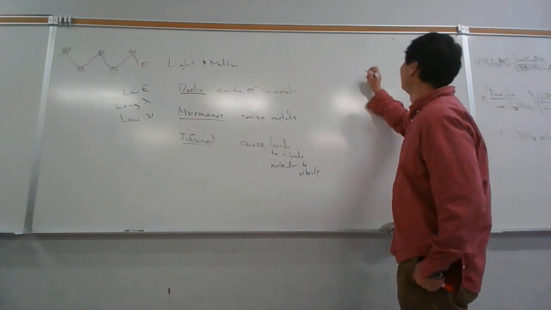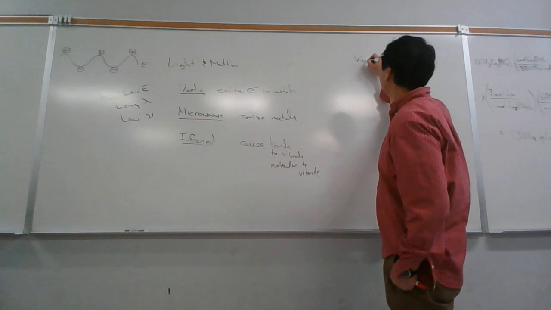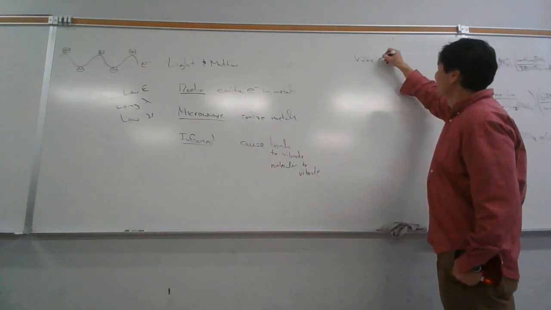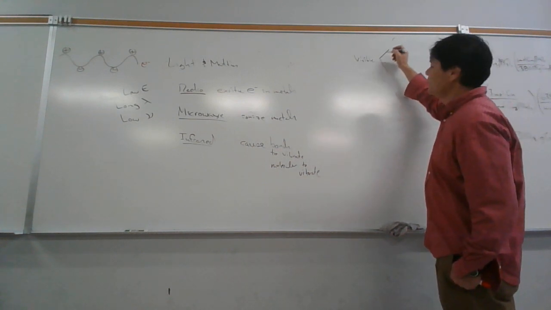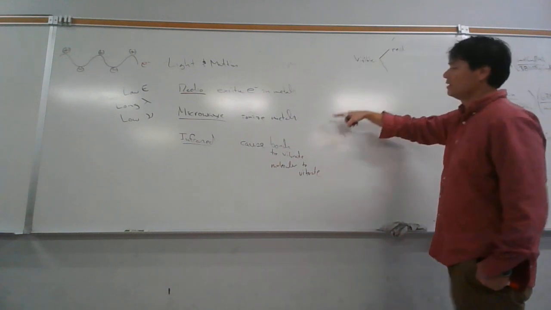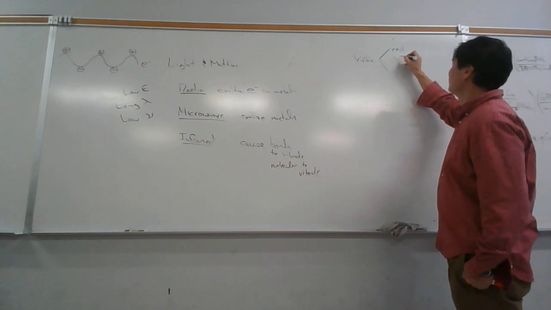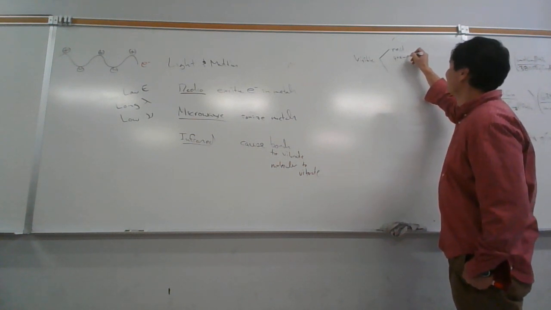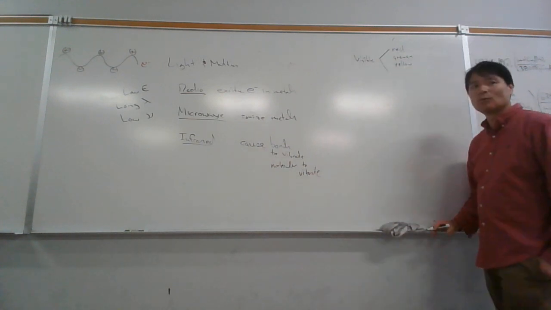And then we have visible light. Next to infrared is red. So we go from infrared to red, then orange, yellow. Do you know the others?